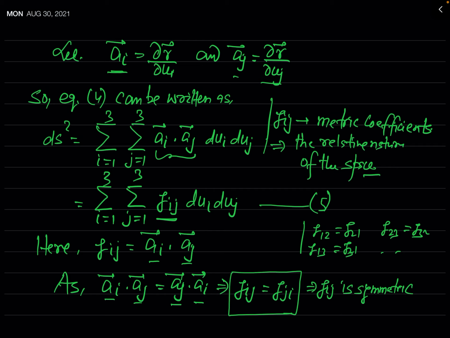So this is just a brief introduction to curvilinear coordinates. I would like to share one thing with you: you have studied in your lower classes different coordinate systems like the Cartesian coordinate system, spherical polar coordinate system, and cylindrical coordinate system. All these coordinate systems are special cases of the generalized curvilinear coordinate system.